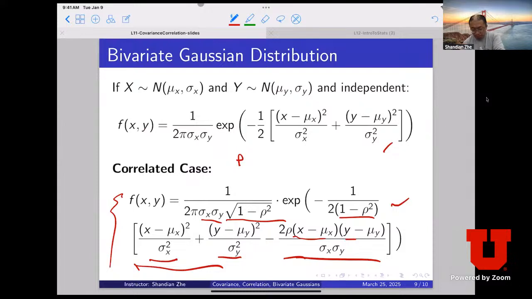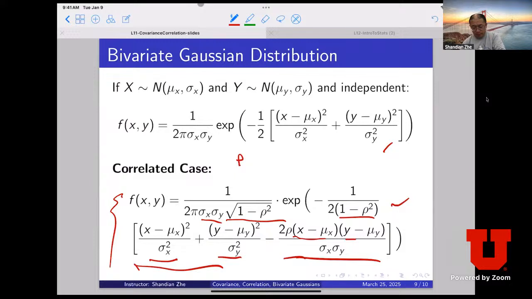So we can verify that. What will happen if x, y are independent? What's the value of rho if x, y are independent of each other? Rho is the correlation. Yes, it's 0.